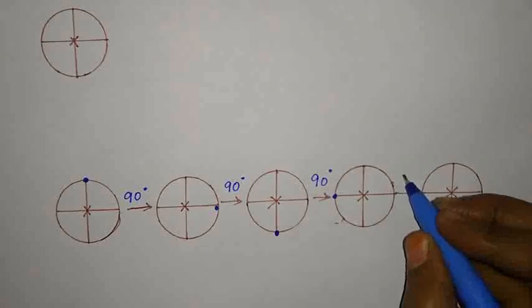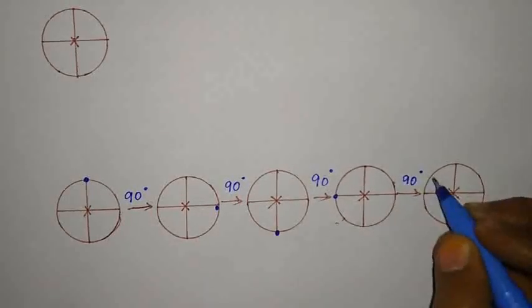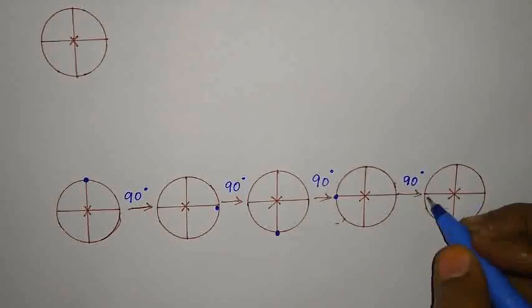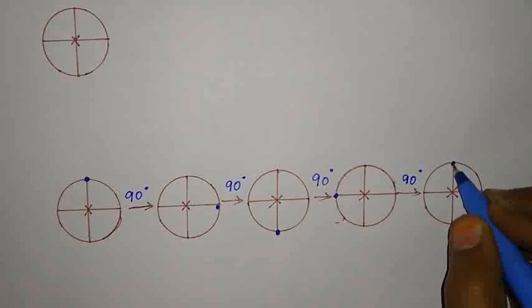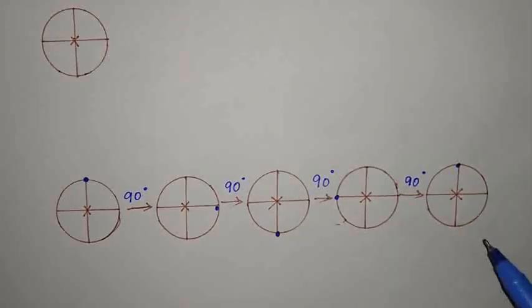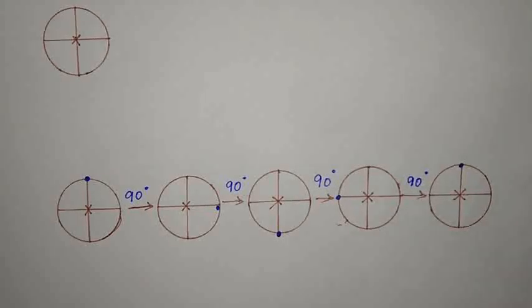At last we rotate again 90 degrees and we get the point here. So there is a fourth order of symmetry in the first diagram.